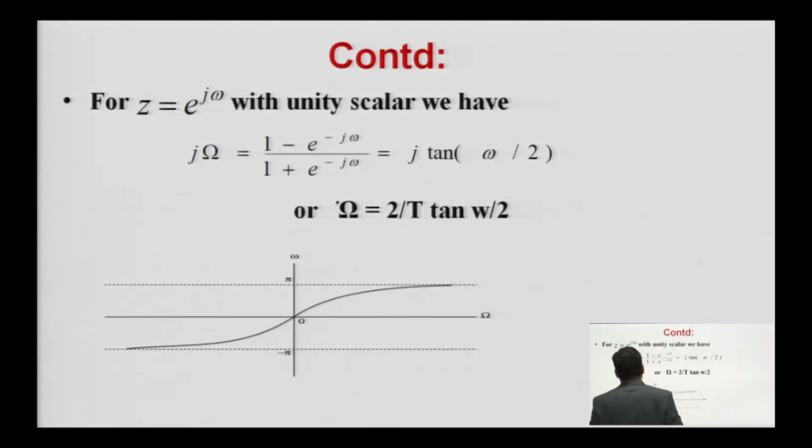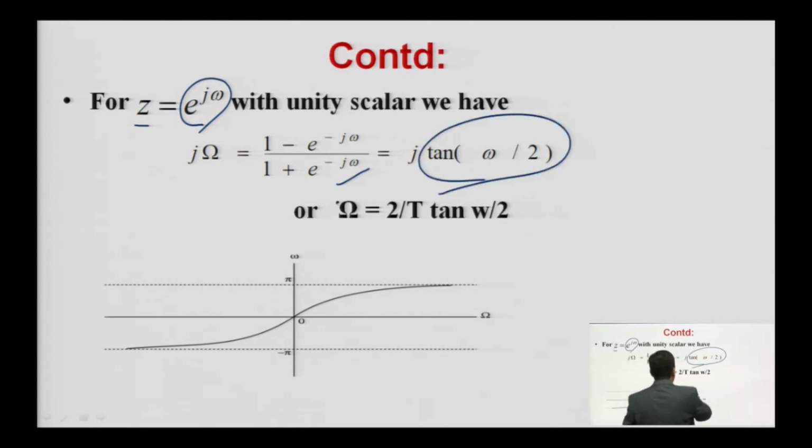Now, in this method, if you put Z equal to e to the power j omega, Z being your Z plane, and j Ohm is equal to, if you put this formula, (1 minus e to the power minus j omega) upon (1 plus e to the power minus j omega), it will convert into the form of tangent.